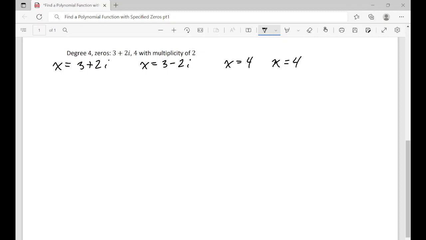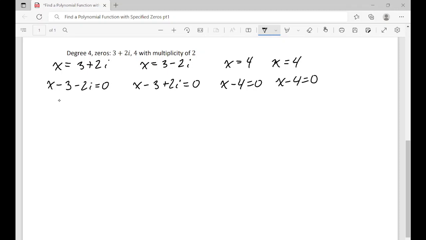And now we work it all backwards. So x minus 3 minus 2i equals 0. x minus 3 plus 2i equals 0. x minus 4 equals 0. And x minus 4 equals 0.